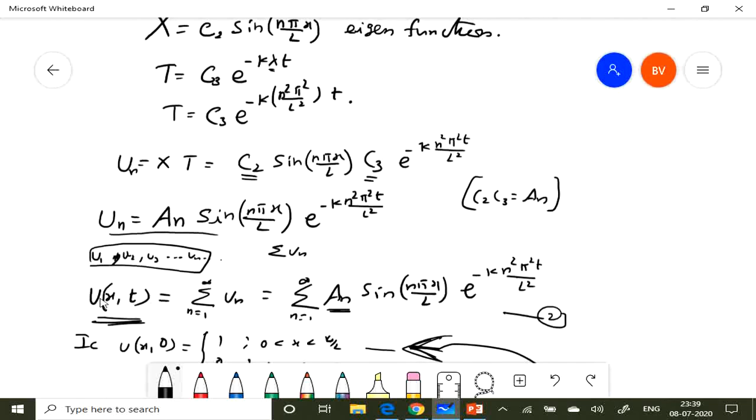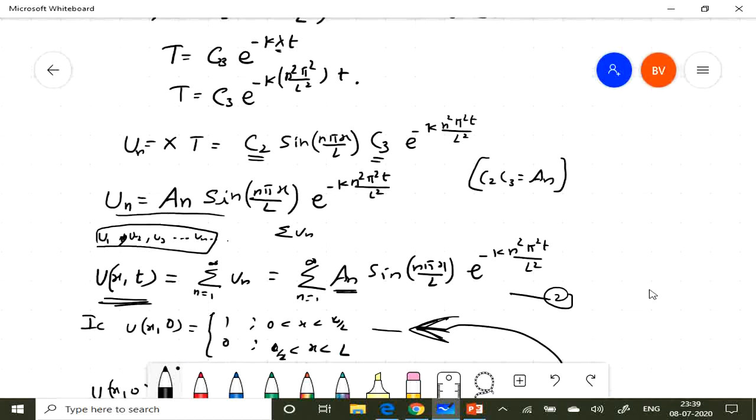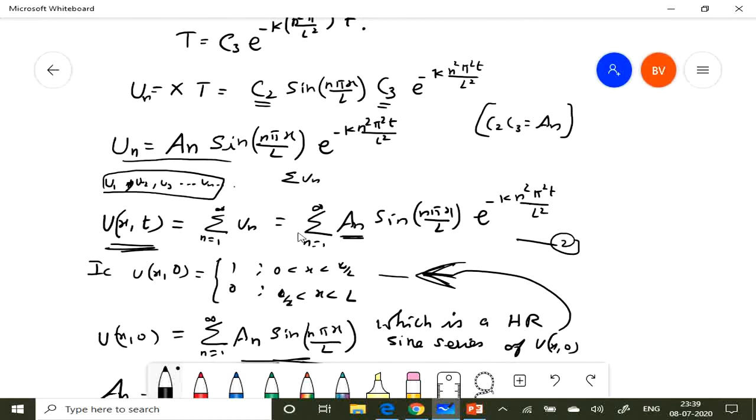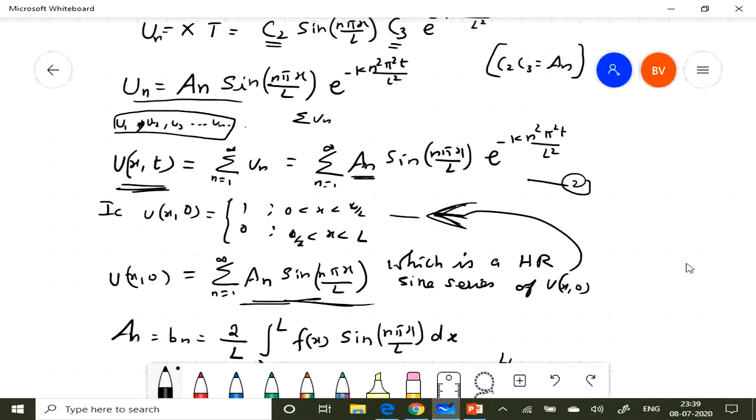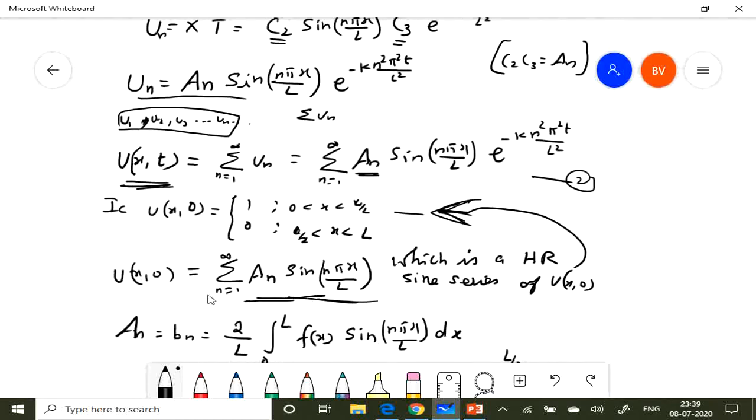And we write the solution u of x comma t by using the superposition principle. The sum of all un is again a solution, isn't it? And now there is a constant an. This an can be found by using the third condition, the initial condition. When you apply t is 0, the solution that we are supposed to find becomes a half range sine series or half range cosine series, depending upon the case, isn't it?